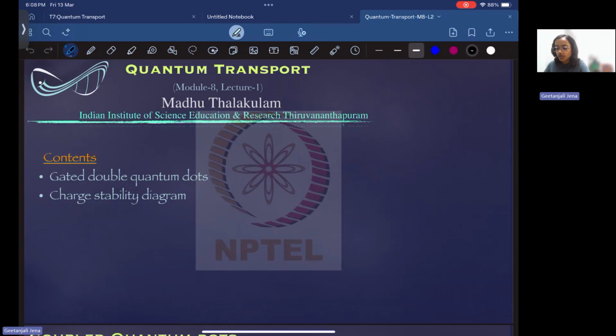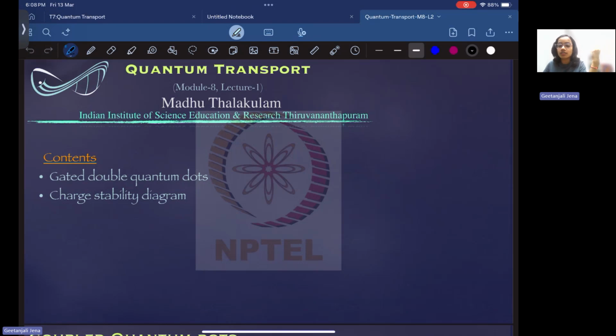In the last week, we have seen the transport properties for a single quantum dot. We have seen the charge stability diagram, the Coulomb diamond region, and some of the transport properties of a single dot system in a single electron transistor, or a single electron box or island.